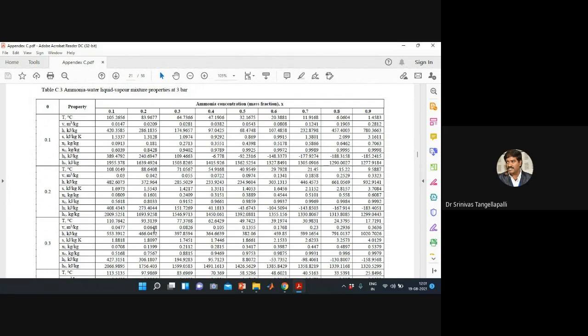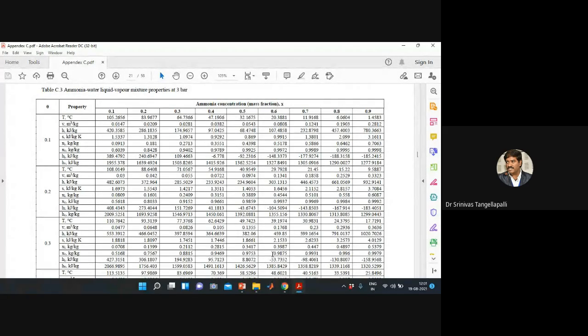See this column: temperature is 49.74, specific volume is 0.17, specific enthalpy of the mixture 459.85, and specific entropy 2.1.